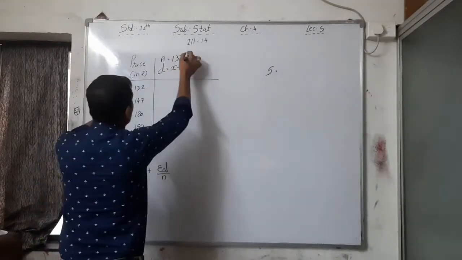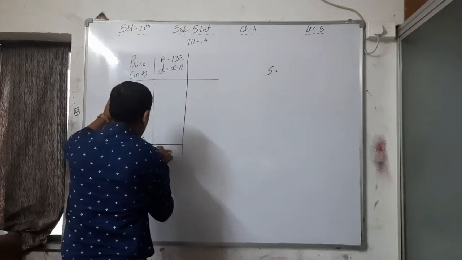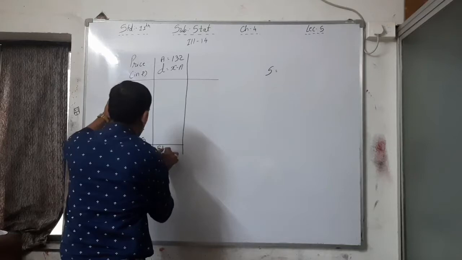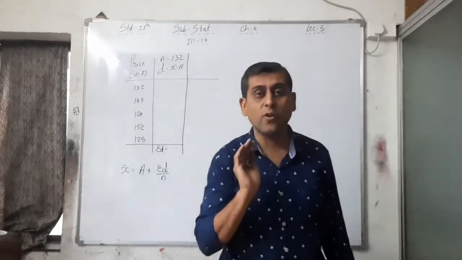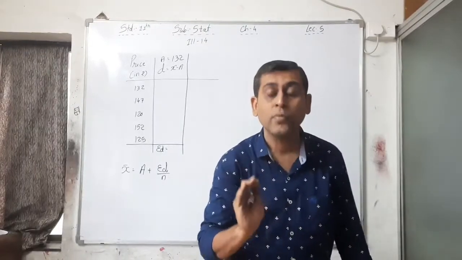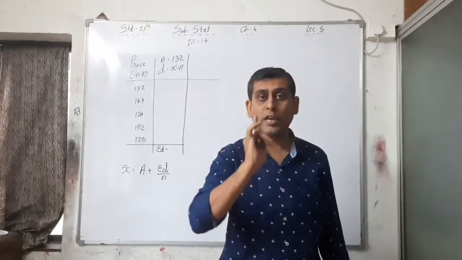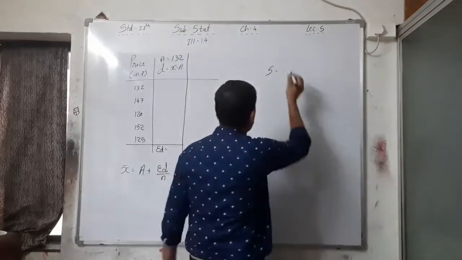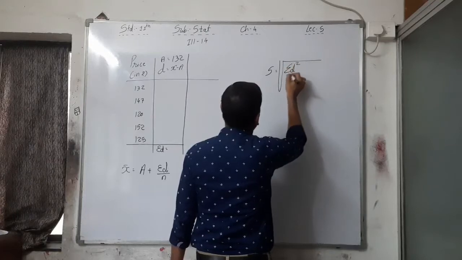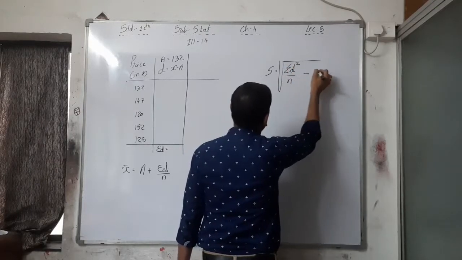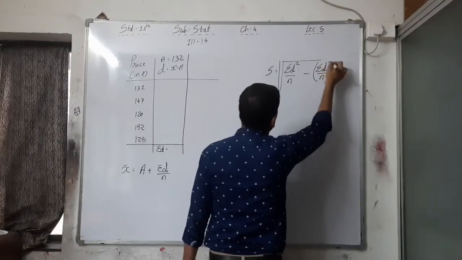Okay, so make the calculation in your calculator. What is sigma d? And for standard deviation, what is the formula? For ungrouped data shortcut method, there is only one formula: square root of sigma d square upon n minus sigma d upon n whole square.